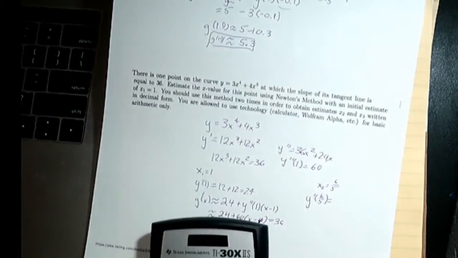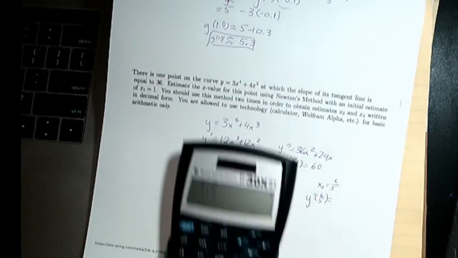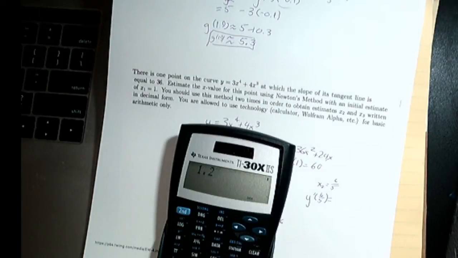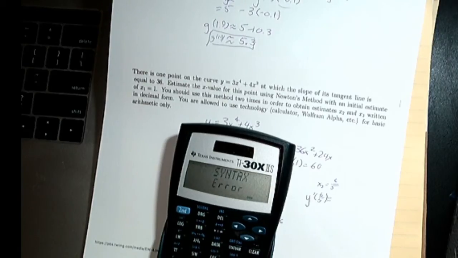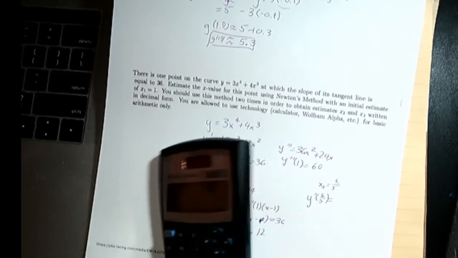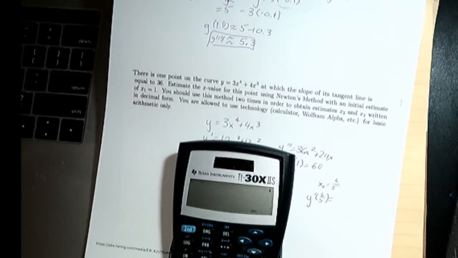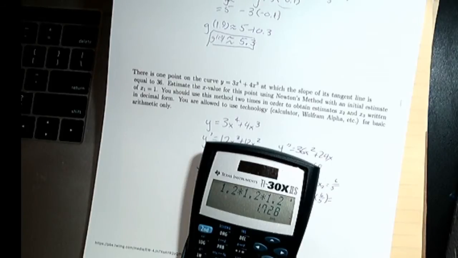What I want to know is, what's 12 times this cubed, so 1.2 times 1.2 times 1.2. Oops, clear. The danger of trying to use a calculator blind while not looking at it. 1.2 times 1.2 times 1.2 equals 1.728.